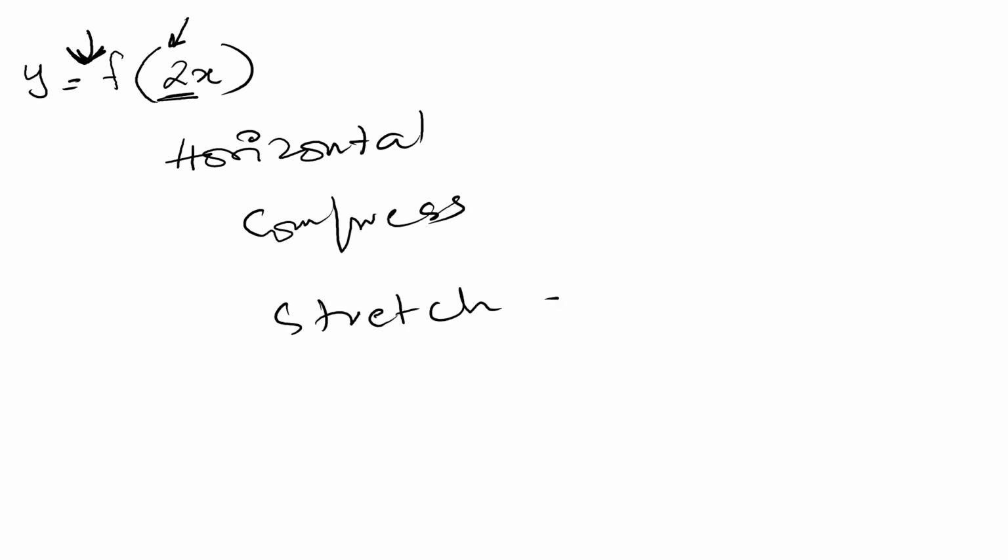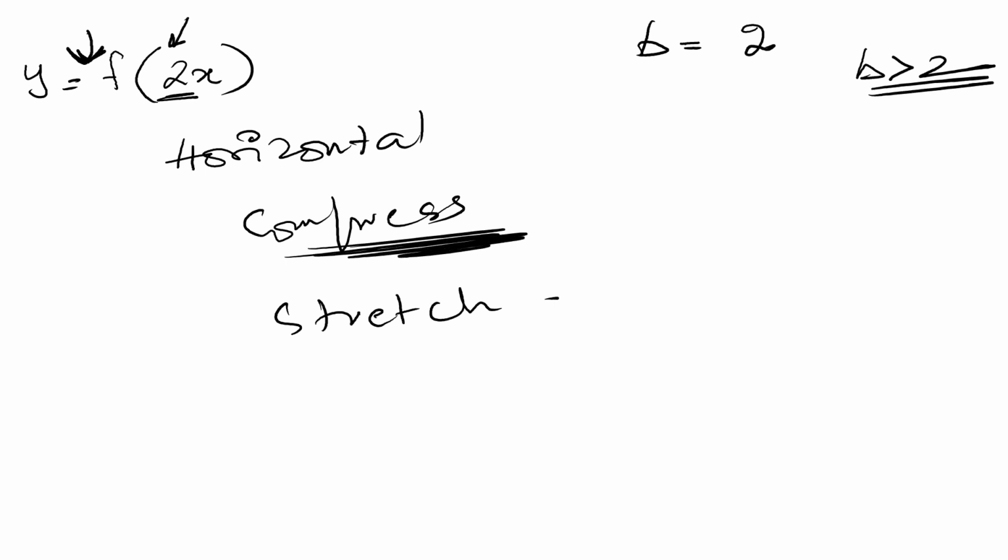First, find out what b is equal to. So b equals 2. Horizontal stretch or compress is opposite to the vertical stretch or compress. So if b is bigger than 1, you are compressing horizontally by a factor of 2.